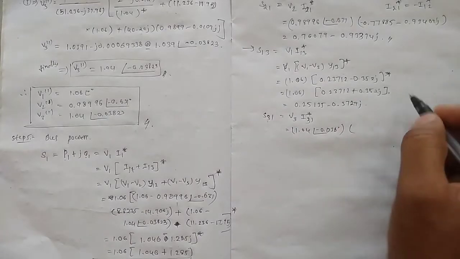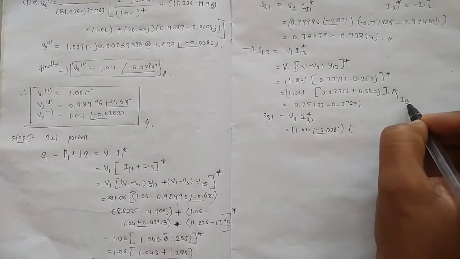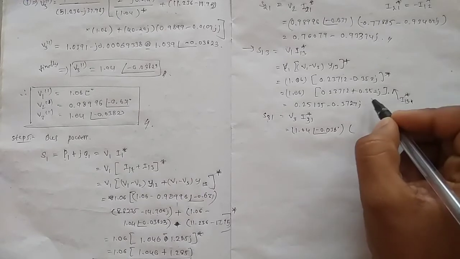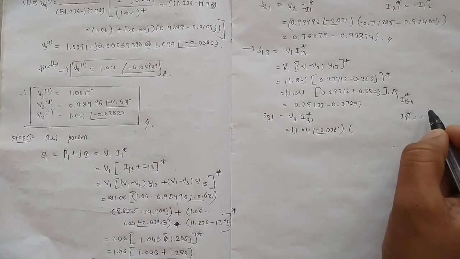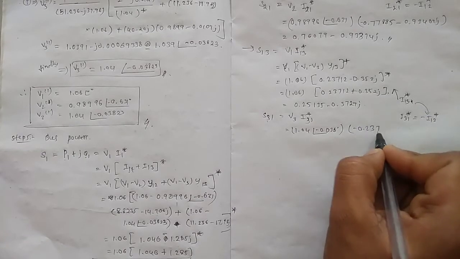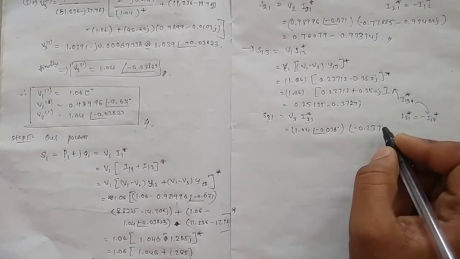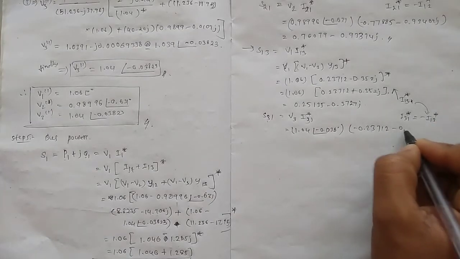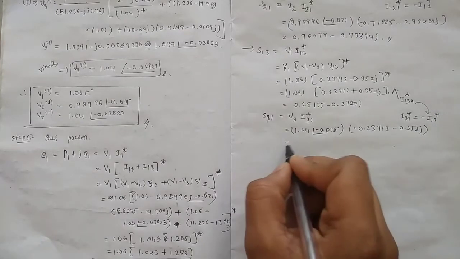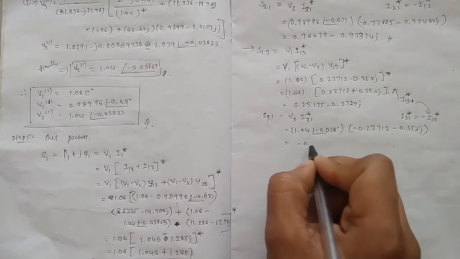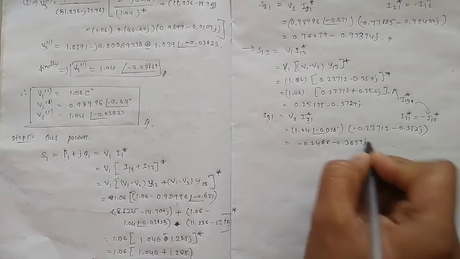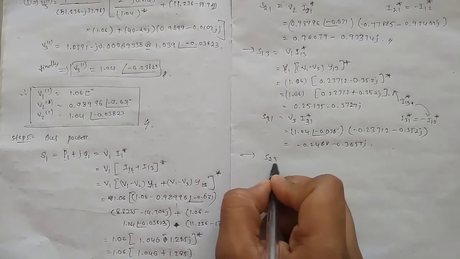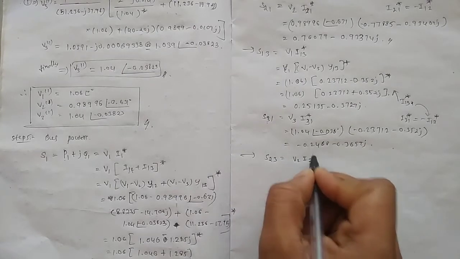This whole value is I31 star. This is I13 star. This is the whole answer. Now we have to write for I31 star is equal to minus of this I13, that is minus 0.23712 minus of 352J. After calculating, minus of 2468 minus 3659J. Similarly for S23, V2 I23 star.